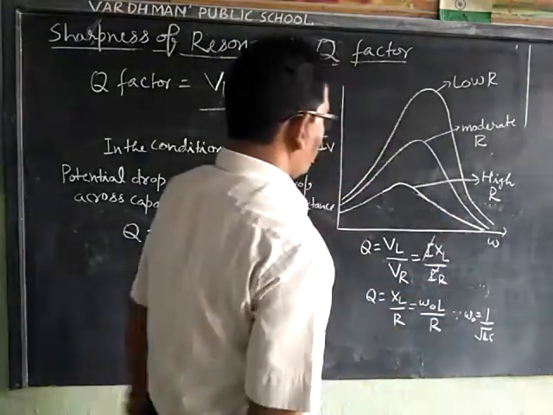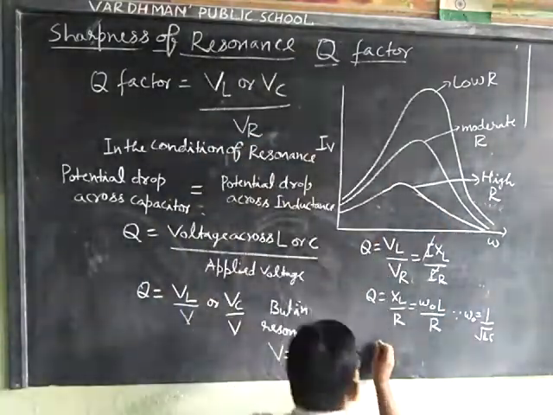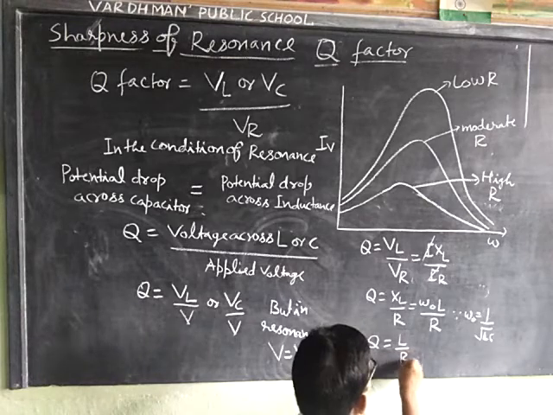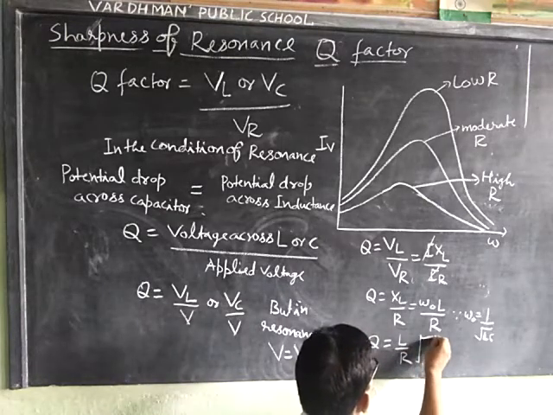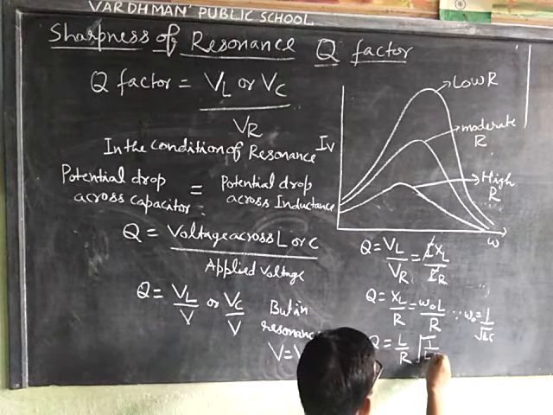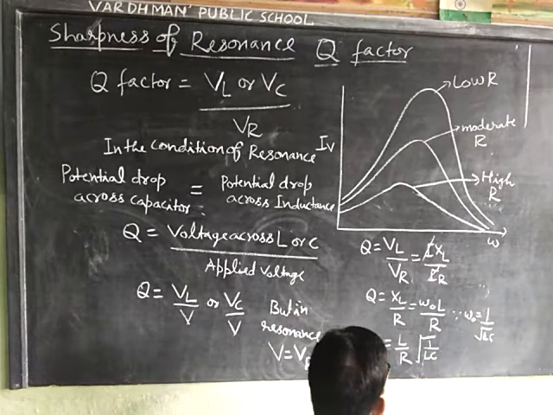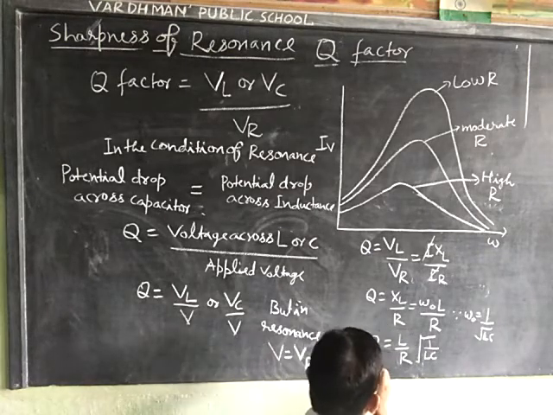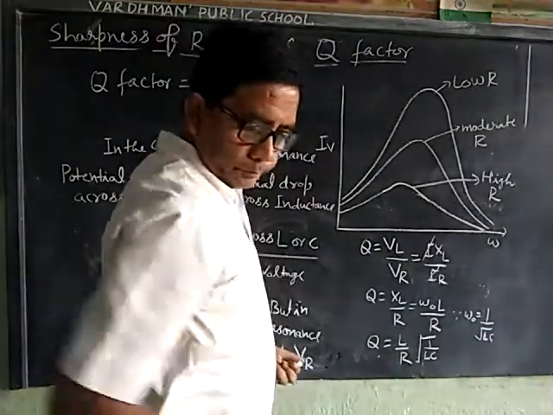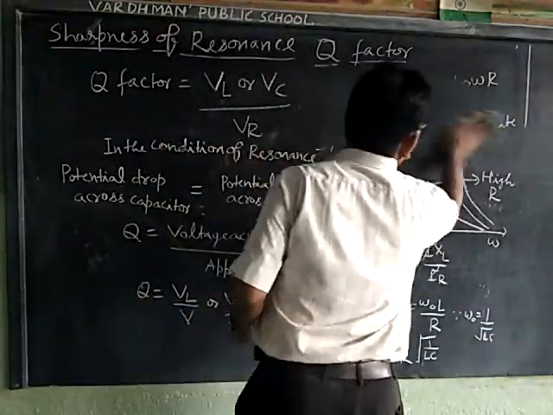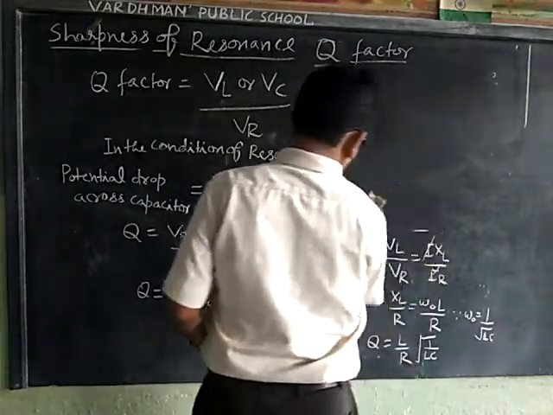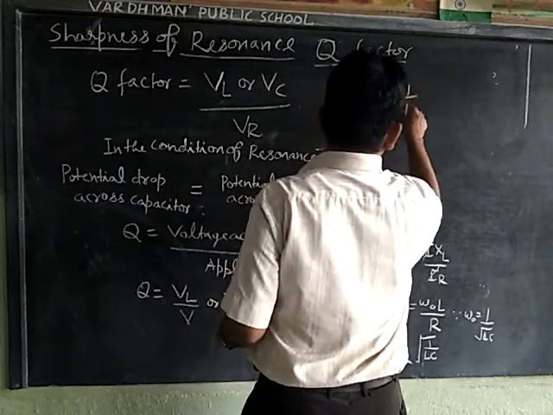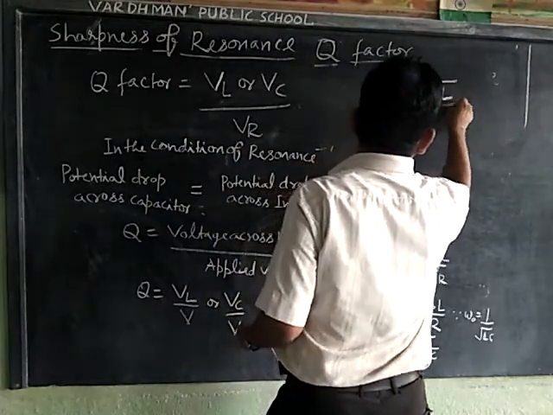So Q is equal to L upon R times under root 1 upon LC, that is Q is equal to 1 upon R under root L upon C.